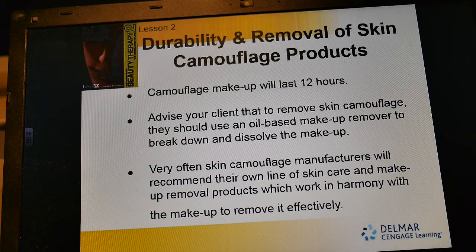The oil will just help break down and dissolve the makeup and makes it removed easier and quicker. And very often skin camouflage manufacturers recommend their own line of skincare, which I've just talked about. So it's worth doing a bit of research, which is in your assignment anyway, on the skincare prices and websites where you can actually purchase these products.